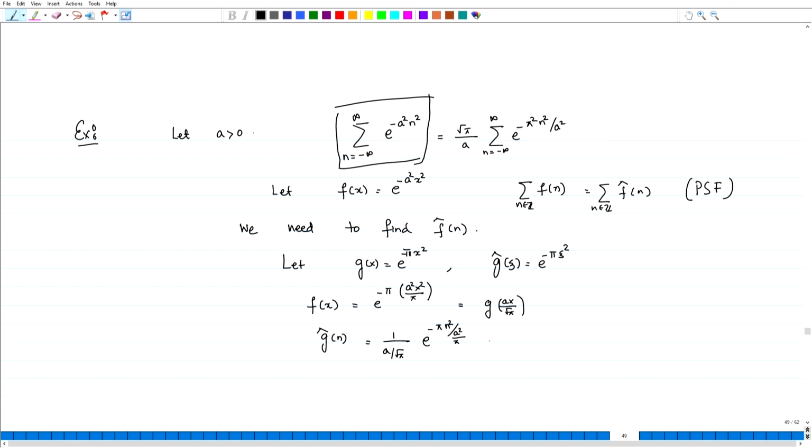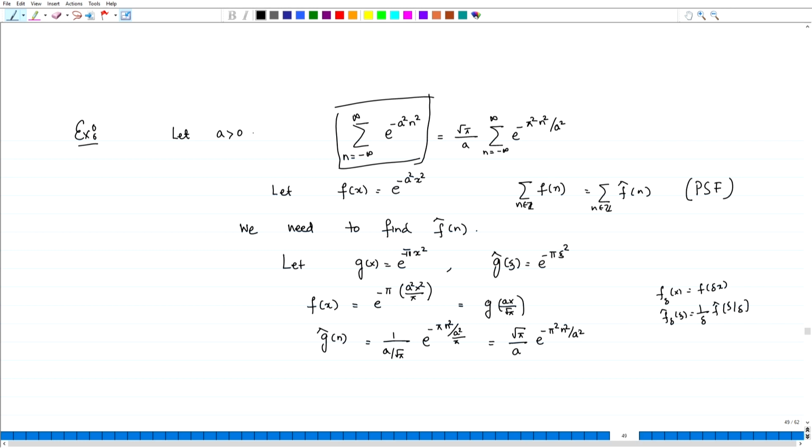This is equal to square root of pi, because we know that if f delta is defined to be f of delta x, then f delta hat at xi is equal to 1 by delta f hat of xi by delta. Now, this is e to the power minus pi square n square by a square, and that is what we wanted to prove.